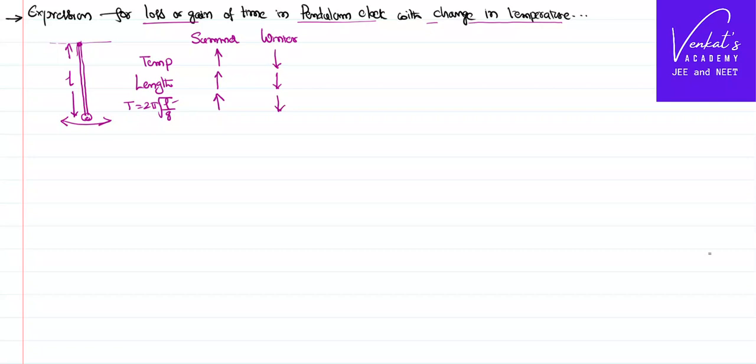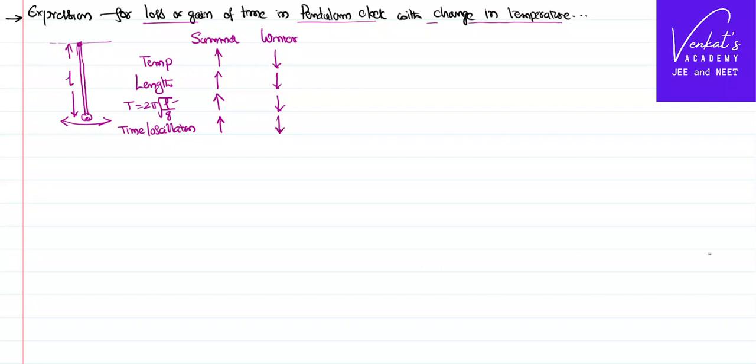As the time period changes, what happens next? What does time period mean? Time taken for one oscillation. As the time period increases, the time taken for one oscillation also increases.